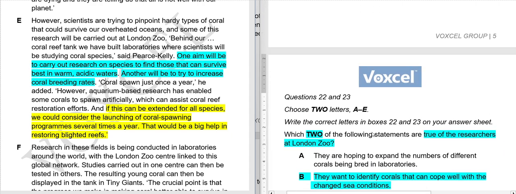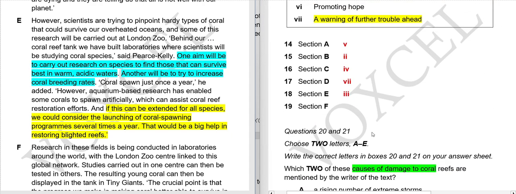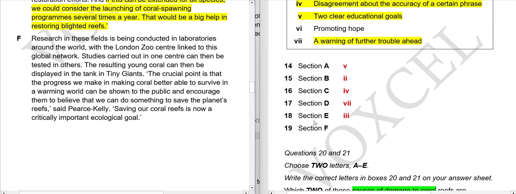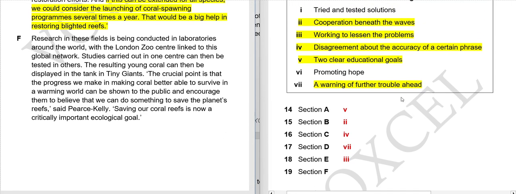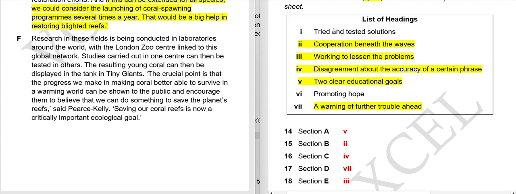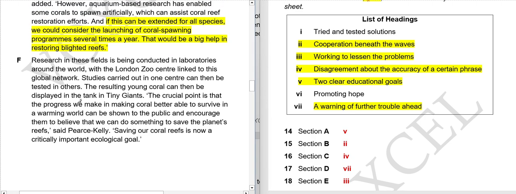Moving on to the last section, and it is the last question of our set. Section F. Research in, so we have only two options left, number 1 and number 6. Let's see. Research in this field is being conducted in laboratories around the world, with the London Zoo Centre linked to this global network. Studies carried out in one centre can then be tested in others.